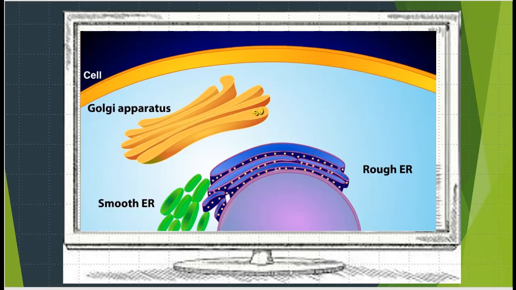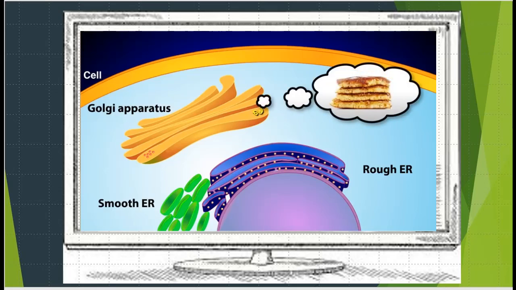This is why it's called smooth. The smooth ER is mainly responsible for the detoxification of harmful chemicals. It's also responsible for the production of lipids, which are also packaged into transport vesicles and sent to the Golgi apparatus. The Golgi apparatus is made of a series of flattened sacs that look a little like pancakes.